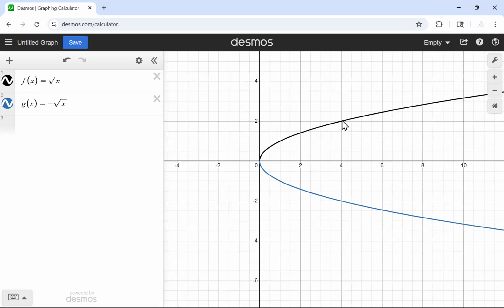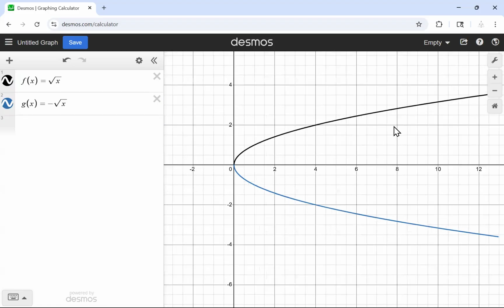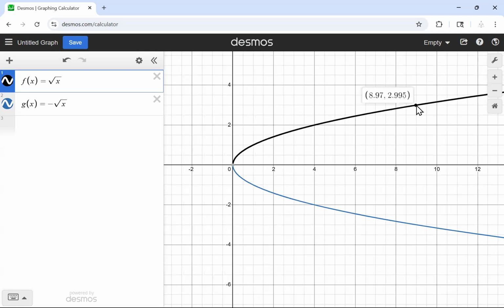So every point that had a positive y value, like (4, 2), changes into a point which has a negative y value. It'll change it into something like (4, -2). So (4, 2) becomes (4, -2). (9, 3) becomes (9, -3).